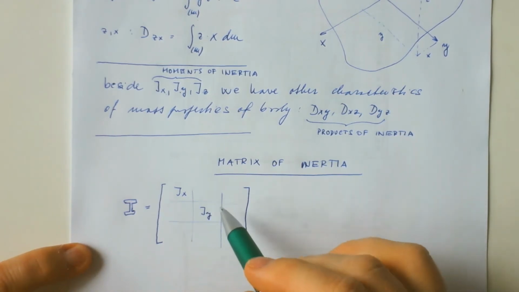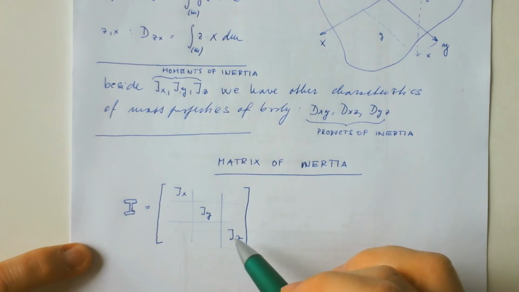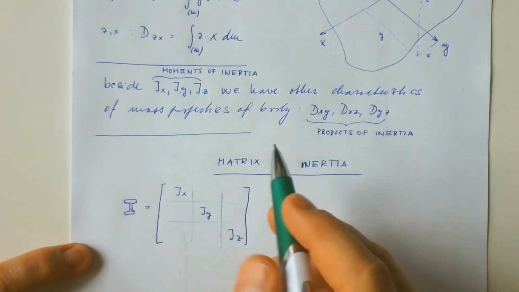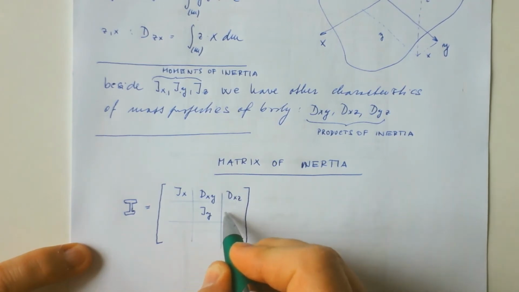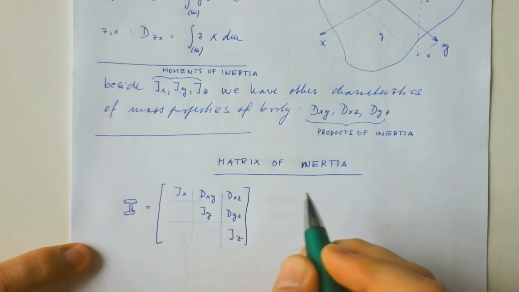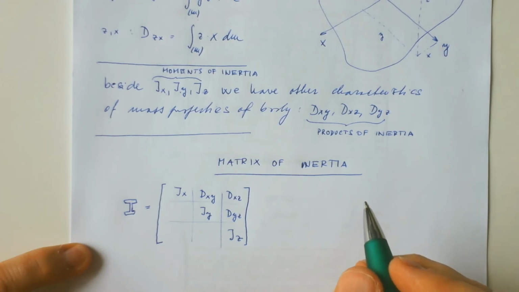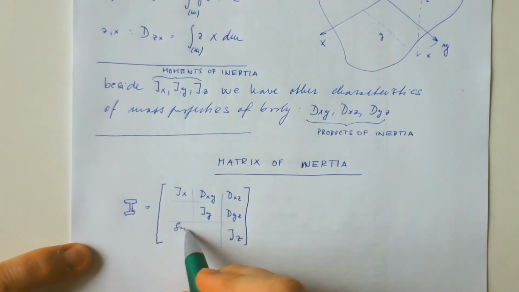Above the diagonal there are products of inertia dxy, dxz and dyz, and this matrix is symmetric about diagonal.